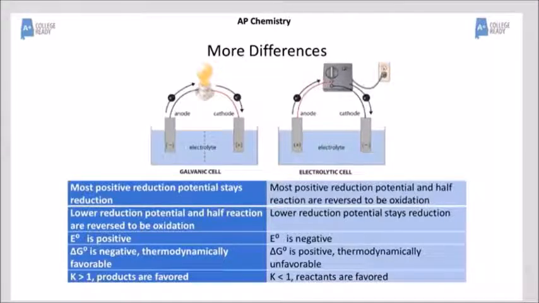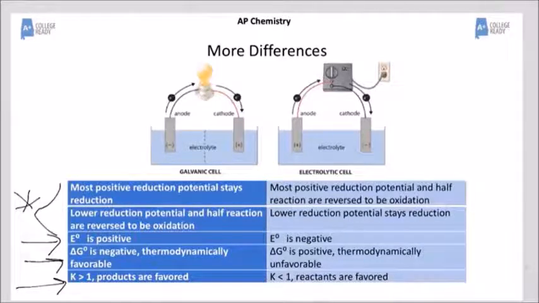Due to that process, we had a positive cell potential. And because the cell potential was positive, based on that delta G formula, delta G is negative, and we just went over that K is greater than 1. So this process led into all this other information.